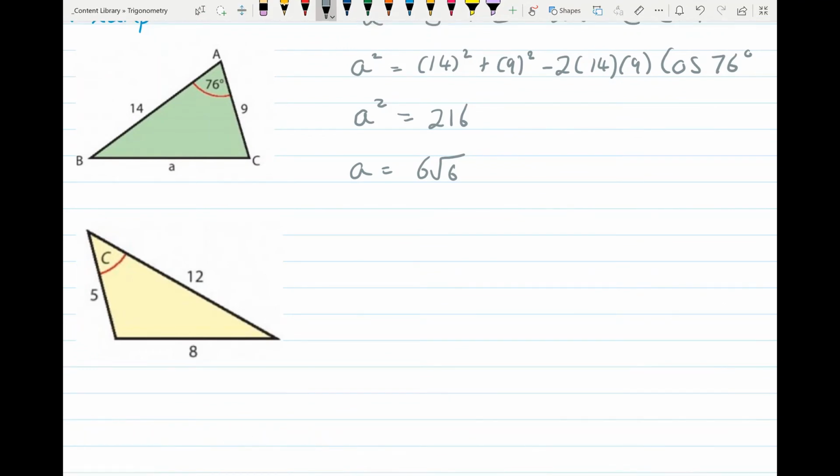So here I'll fill in a squared equals b squared plus c squared minus 2bc cos A again. I now know all three sides. a is going to be the side opposite the angle that I'm looking for, so a is going to be 8, and then it doesn't matter which one is b, which one is c.